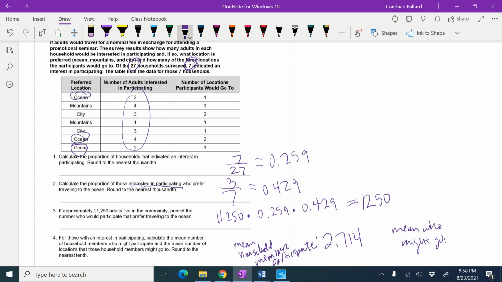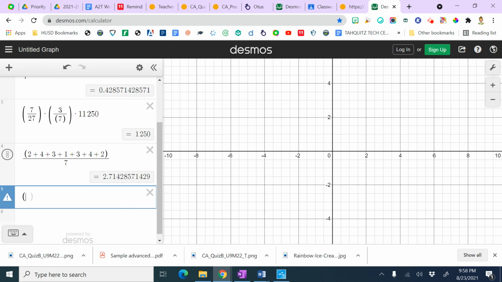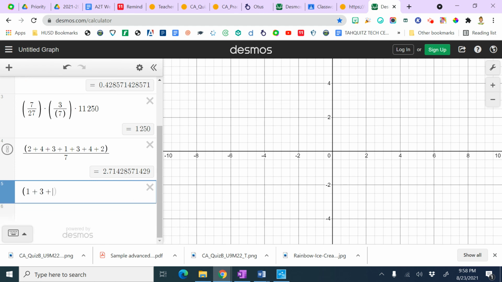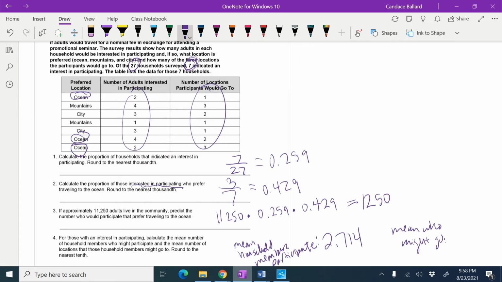And then the mean that might go, I'm going to add these numbers up this time. So in this case, I'm going to use parentheses so I get the numerator of my fraction. 1 plus 3 plus 2 plus 1 plus 1 plus 2 plus 3. And I'm going to divide by 7 again, and I get 1.857.